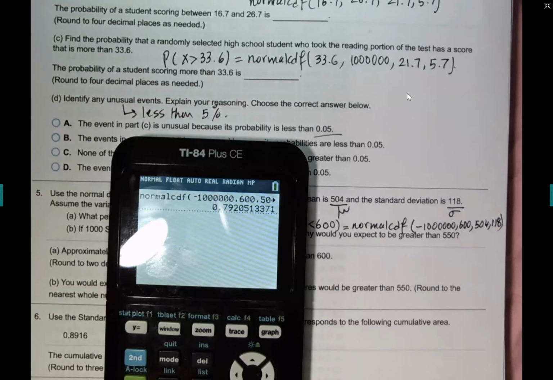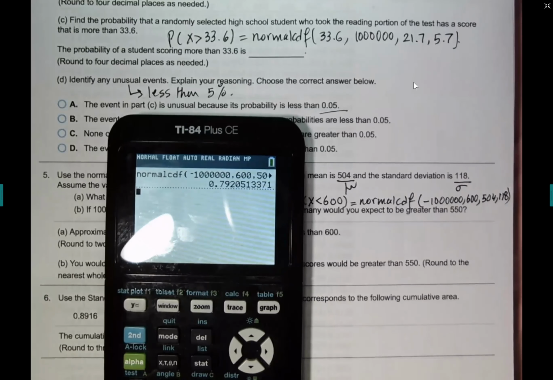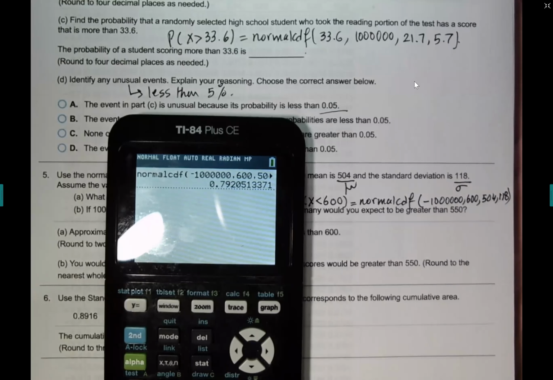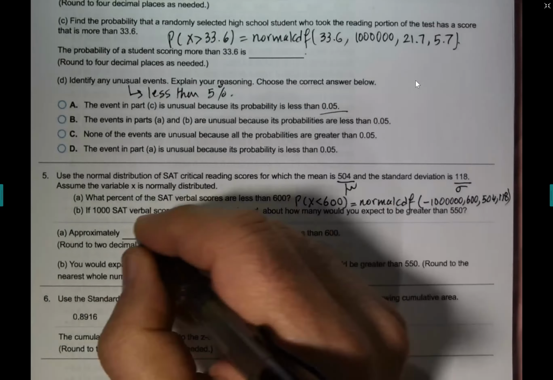What would be as a percent with 2 decimal places? Can someone tell me? What is this as a percent? 79%. No, but I need 2 decimal places. So 79.21%.